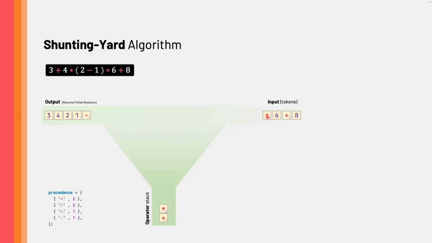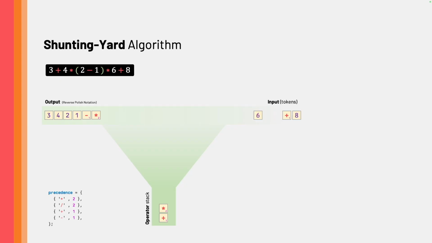Now we have this multiplication. Look, multiplication is level 2, which is less than or equal to whatever I had here on the top. So since it is less than or equal, I'm going to send this top right here to the output, and only then the multiplication gets put on top of the addition. This new token multiplication that came from the input. All right, and we continue.